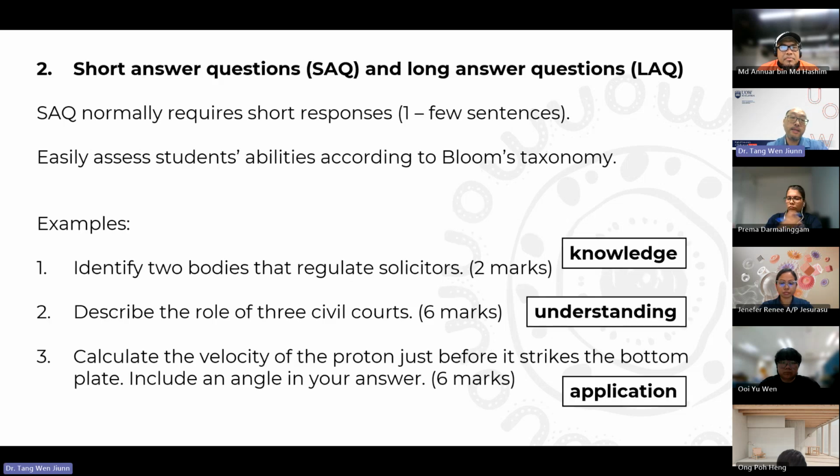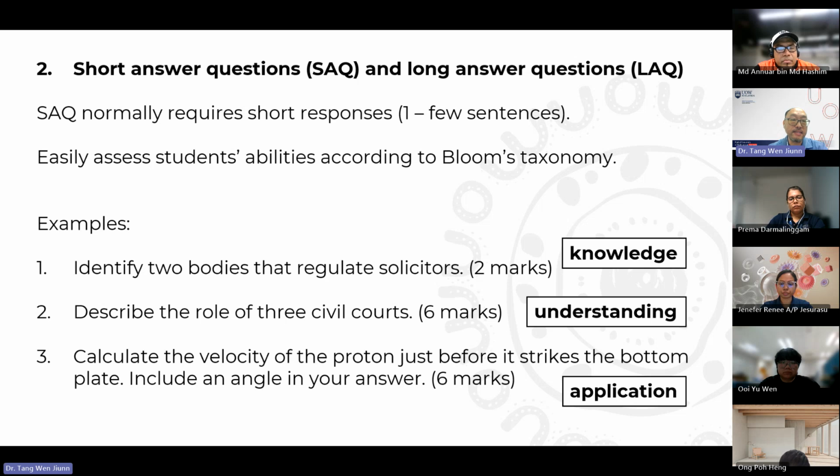Next will be the short answer question or long answer question, in other words, ACiD. For short answer, normally we require one to a few sentences. We can easily assess the student's ability using short questions because they normally use Bloom's taxonomy verbs, so we can check boxes on what they have attained.